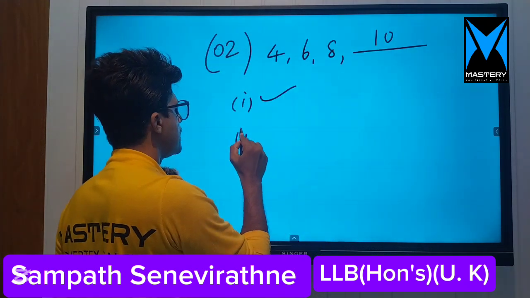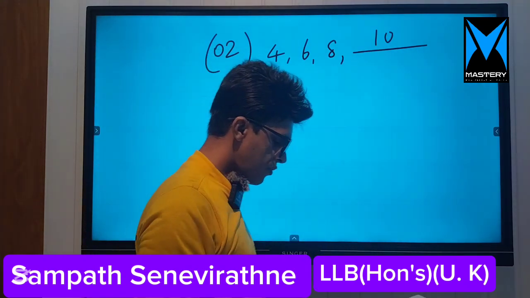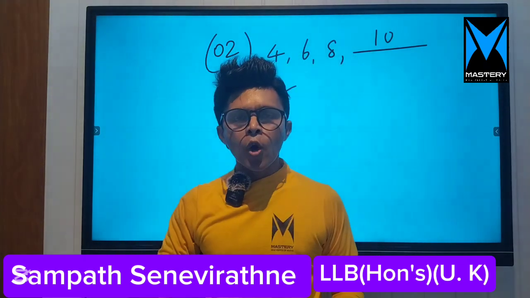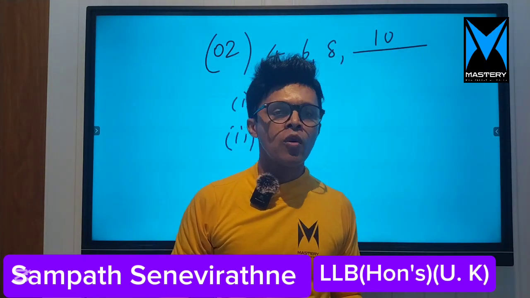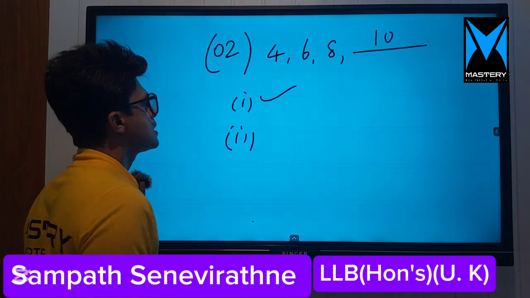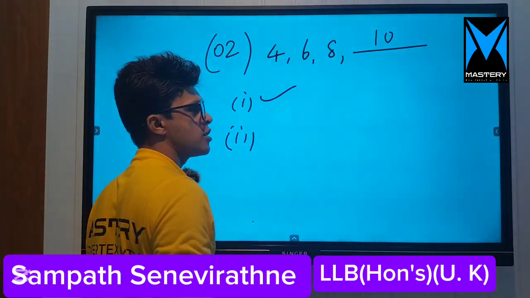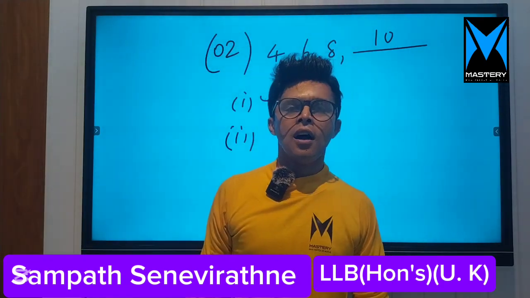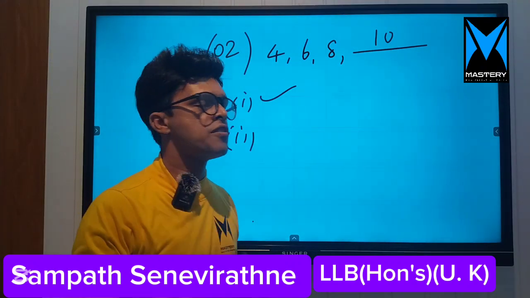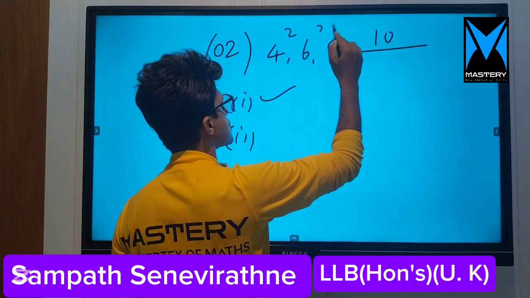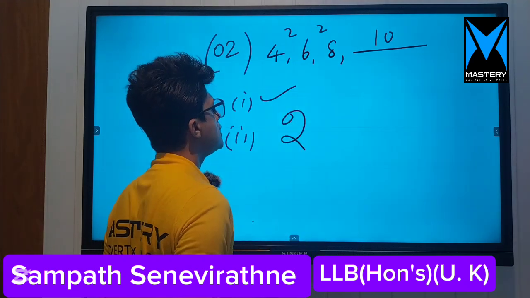The second question is to find the general term of this number pattern. To find the general term, you have to consider the common difference. 4 plus 2 is 6, 6 plus 2 is 8, so the common difference is 2.